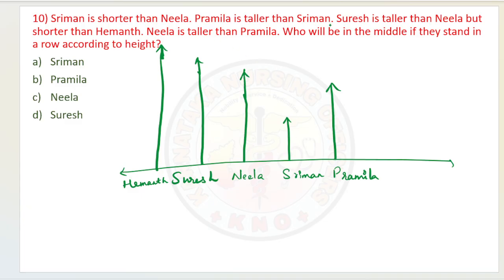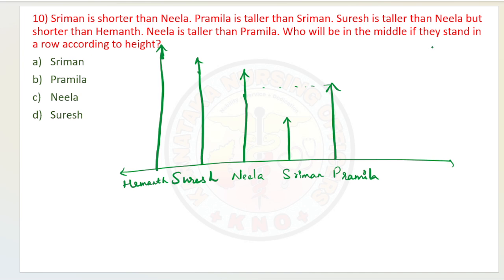Pramila is taller than Sriman. Correct. Suresh is taller than Neela. Correct. But shorter than Hemant. Correct. Neela is taller than Pramila. Correct.